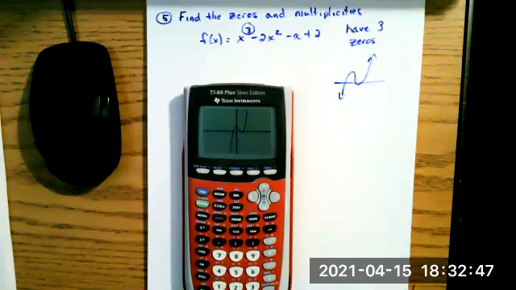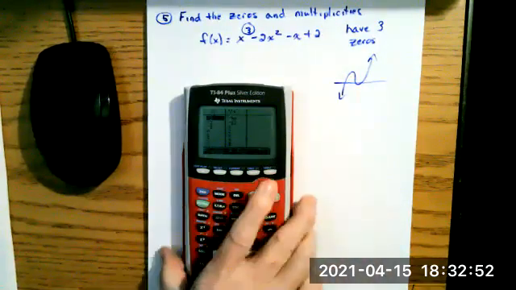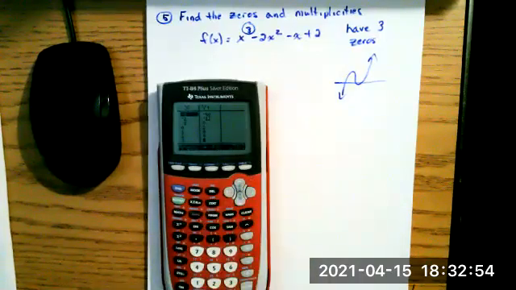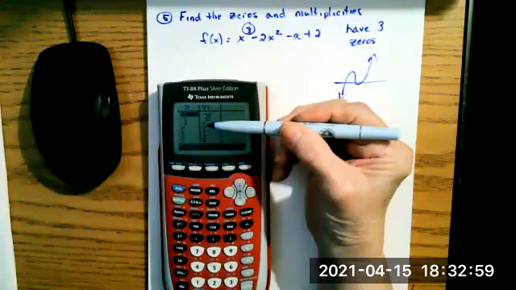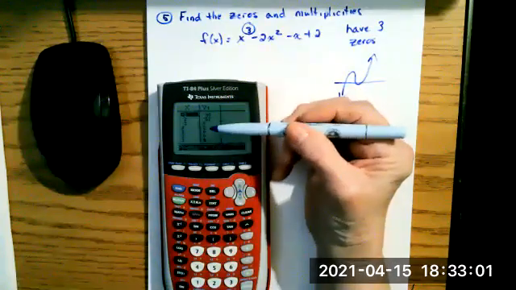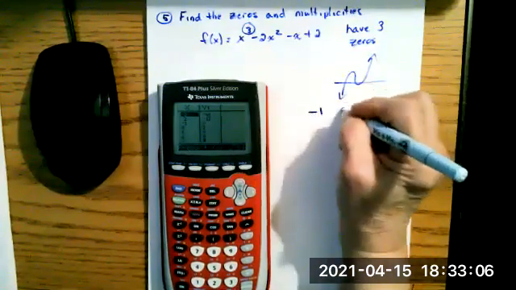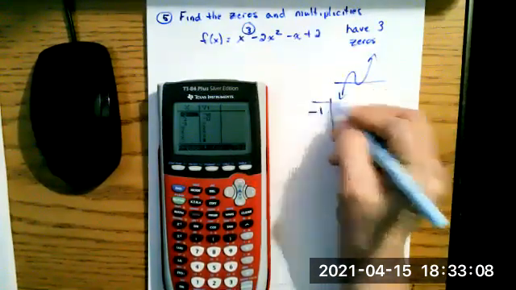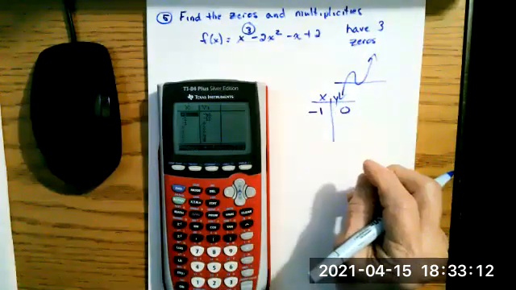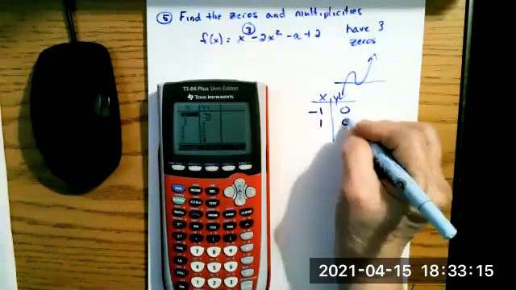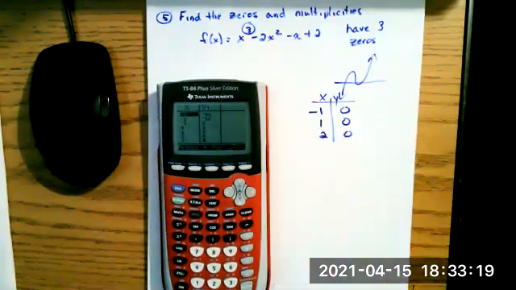So if I can find my zeros, I'll be good. So do second, table. And if I look down my table, I can see that I'm looking for 0 on the y, not on the x. I can see that at -1, there is a 0. And I can see at 1, there is a 0. And I can see at 2, there's a 0. Do you see those?